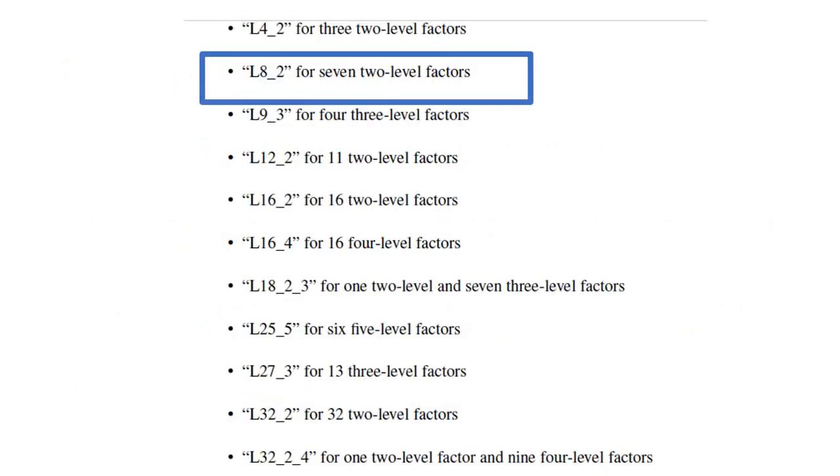Now in our case, we have 7 2-level factors, so in this particular example, this will be the most appropriate design of experiment.